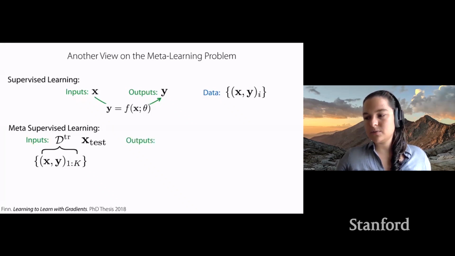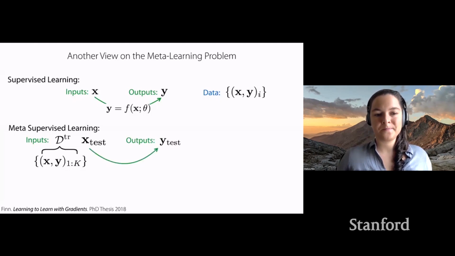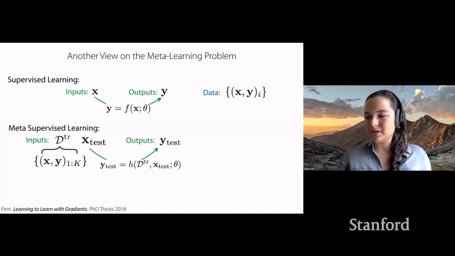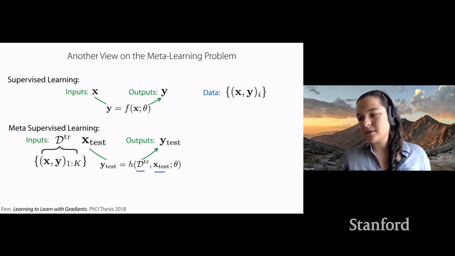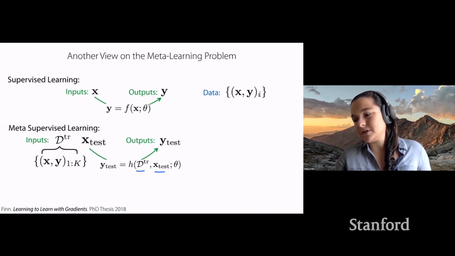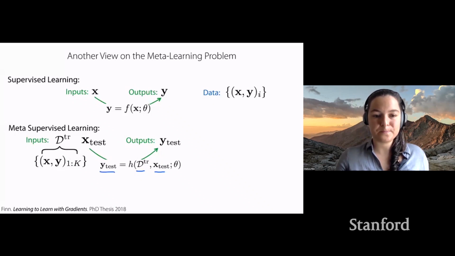Given this, we want to predict the corresponding label for X test. So you can view the meta-learning problem as something that takes in a dataset and a new data point, learns something from that training dataset, and makes a prediction that hopefully generalizes to this new test data point to predict Y test.